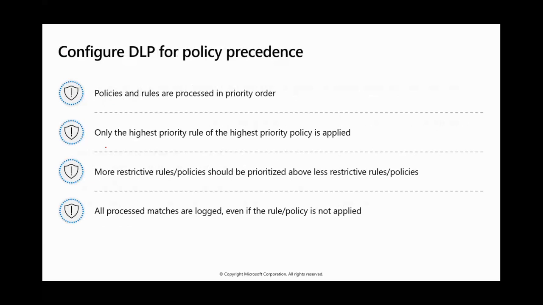All the processed matches are going to be logged, even if the rule or the policy is not applied. So again, those are some considerations for policy precedence. And remember to assign the correct priority order to your rules.